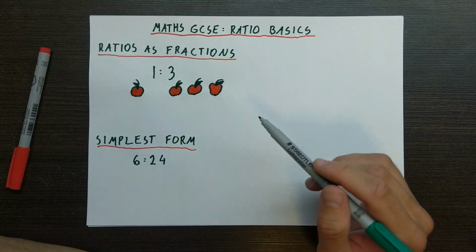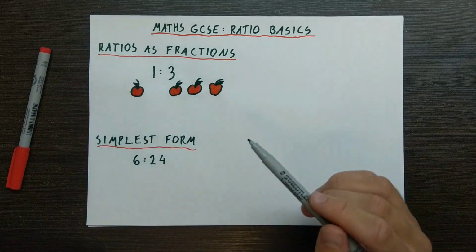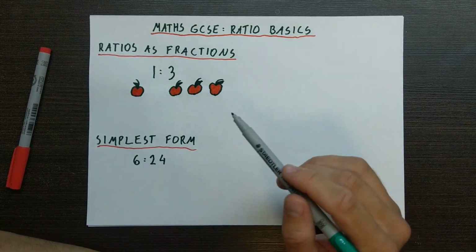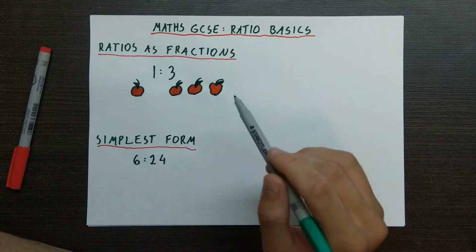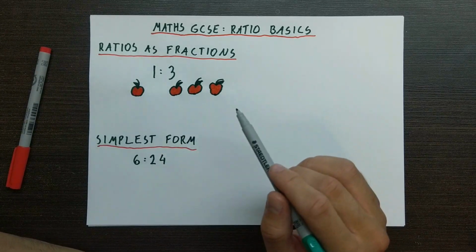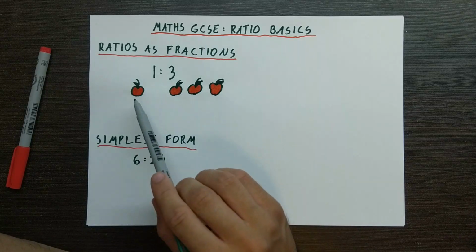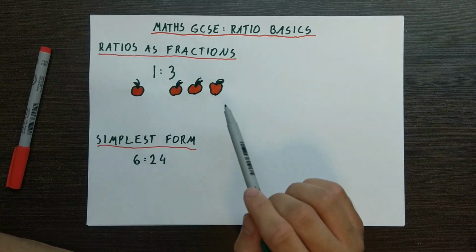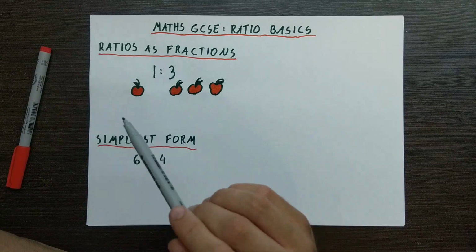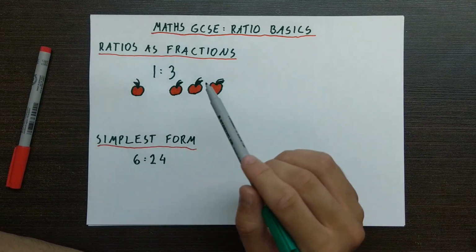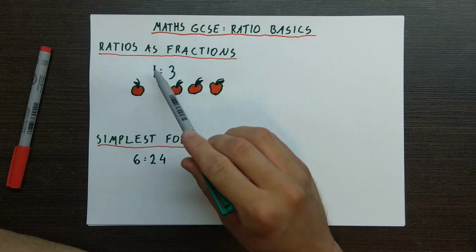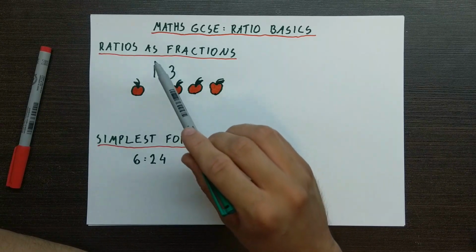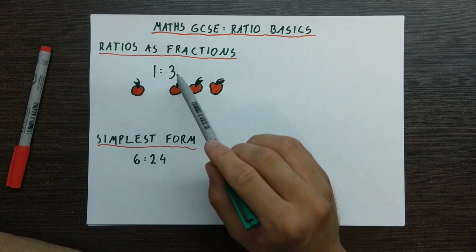So, first of all, let's understand what ratios are. Well, ratios are a way to tell how we want to split something. So, for example, we have apples, and if we want to split them between two people, we could split them in the ratio of 1 to 3.